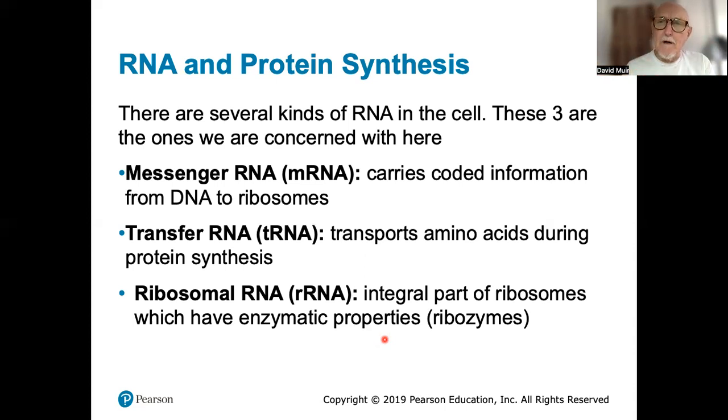Ribosomal RNAs are a little bit different in prokaryotes to what they are in eukaryotes, but the structure and function is essentially the same. The body of the ribosomes, which are going to perform the act of translation by interacting with transfer RNA and the messenger RNA, the ribosomes themselves are made up of a mixture of ribosomal RNA and protein.